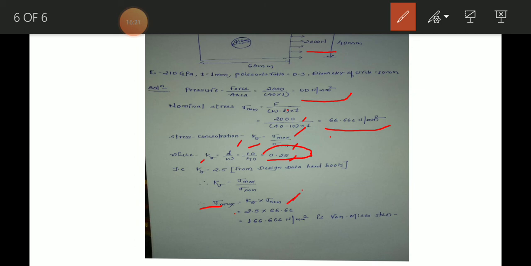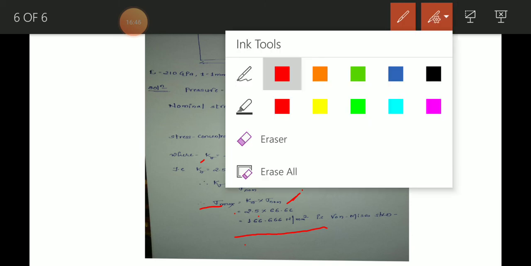This value we already found, that is 66.66. Multiply both values, and you will get sigma max as 166.66 Newton per mm square. I hope it is clear. Thank you.